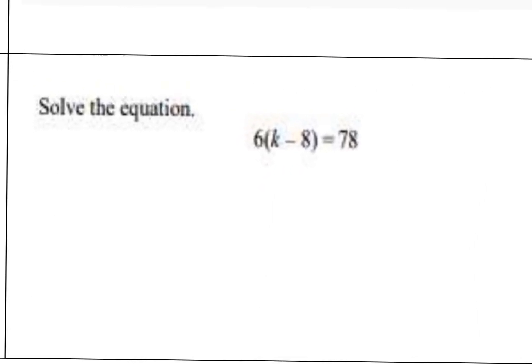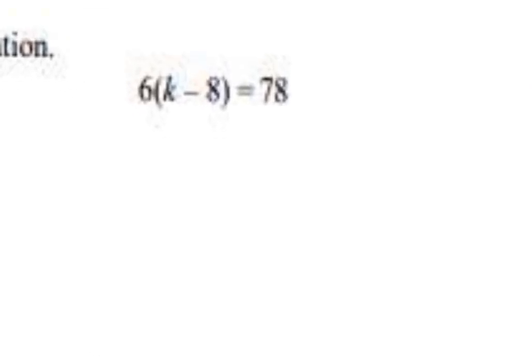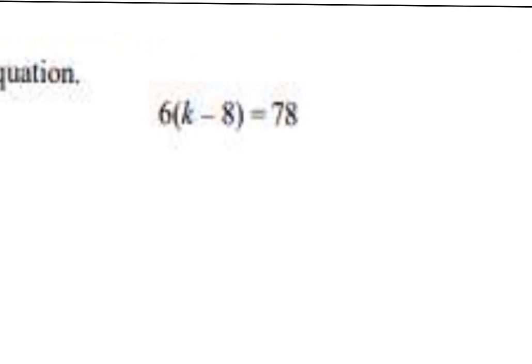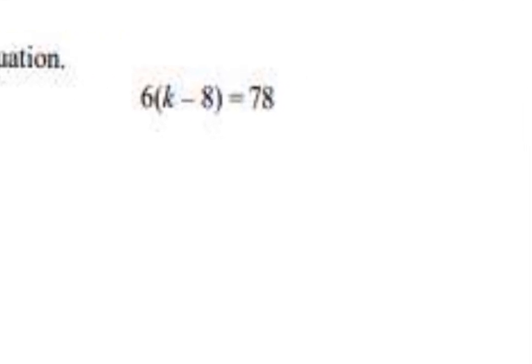Next. Sometimes you need to expand if you have a bracket to solve. Or you can divide by 6 on both sides. You have a choice: you can divide by 6 or you can expand. If we divide by 6 on both sides, the 6 cancels out.